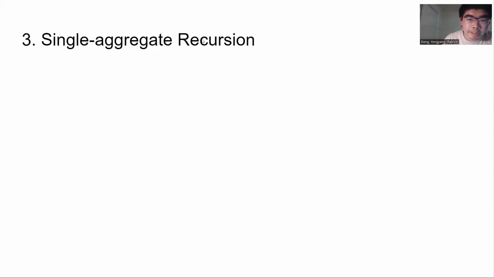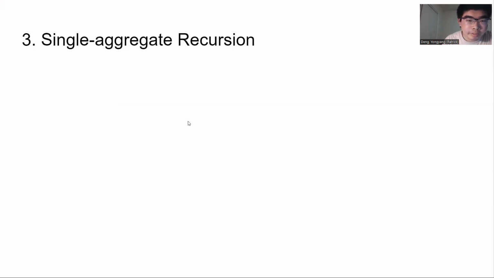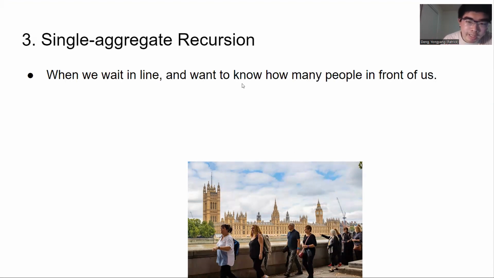So here's a very famous example about a queue. Suppose you are trying to visit one of the museums in London, and you have a line in front of you, and you try to know how many people are ahead of you. When you wait in line, you want to know how many people are in front of you, like if we're in a rush or something. And then we ask the person in front of us, how many people are in front of you?